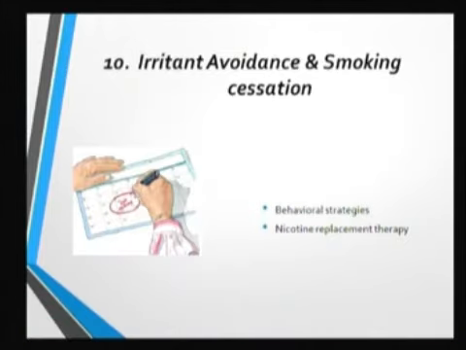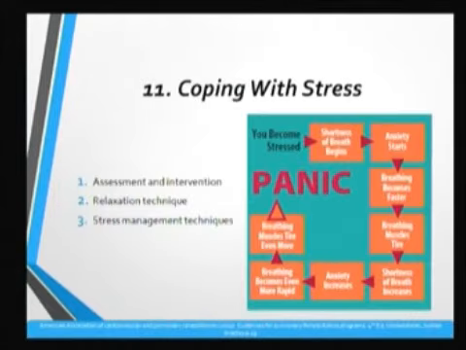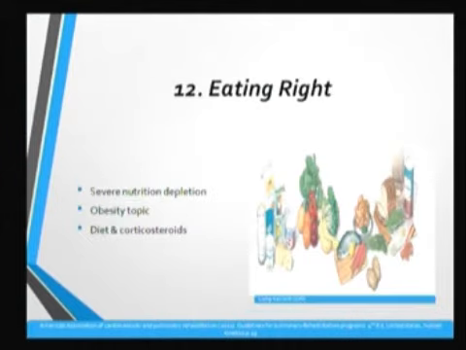Every patient coming to rehab should be assessed for willingness to quit smoking and should be encouraged to quit. Patients in the rehabilitation program are helped with behavioral strategies and offered nicotine replacement therapy. A psychology specialist helps the patient cope with stress by teaching relaxation and stress management techniques.